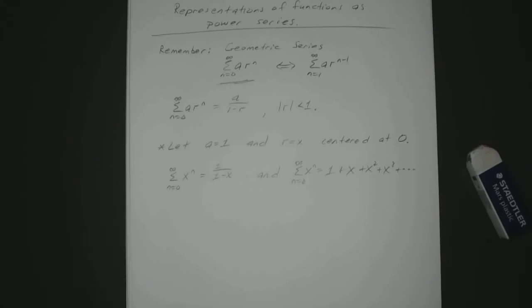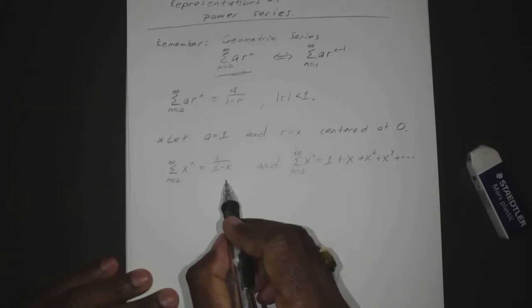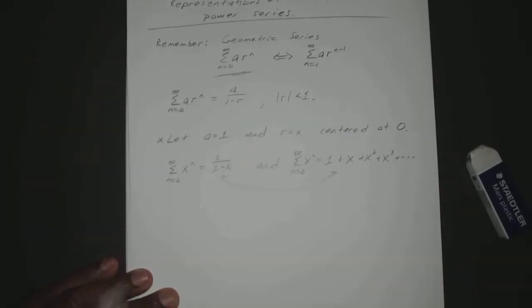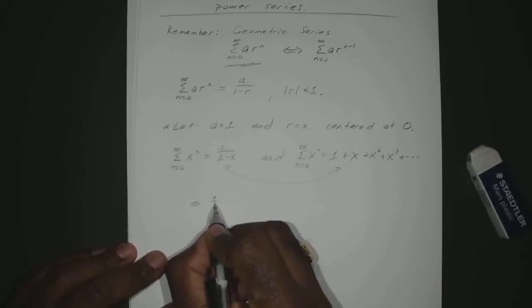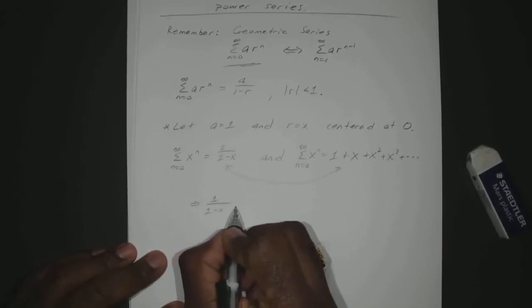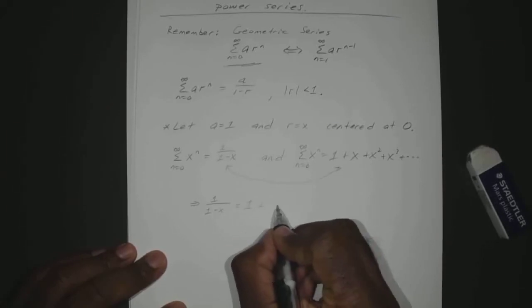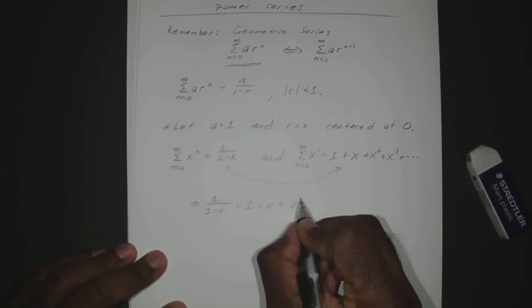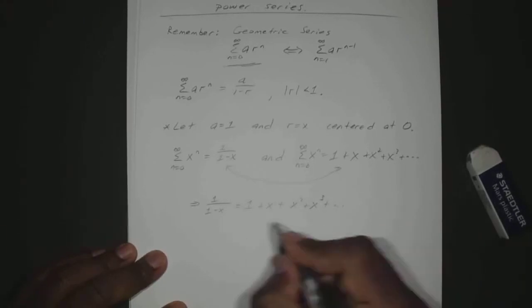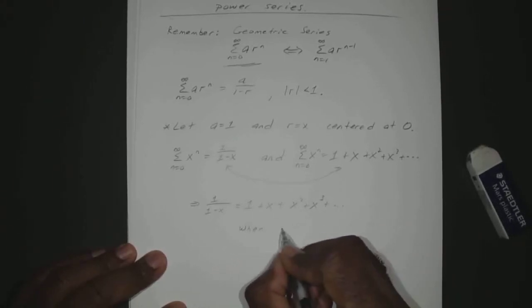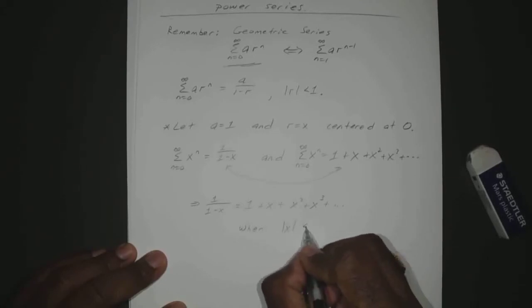Okay. So if both of these are true, that means that these two would have to be equal. Okay, so that means that 1 over 1 minus x would have to equal 1 plus x plus x squared plus x to the third, etc., and so on, when the absolute value of x is less than 1.